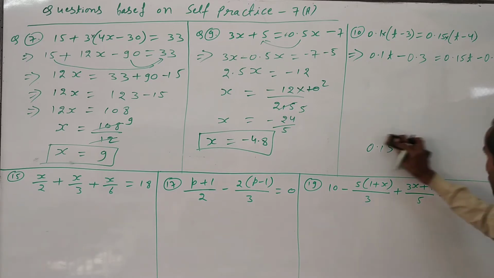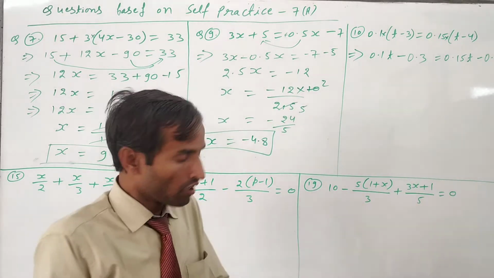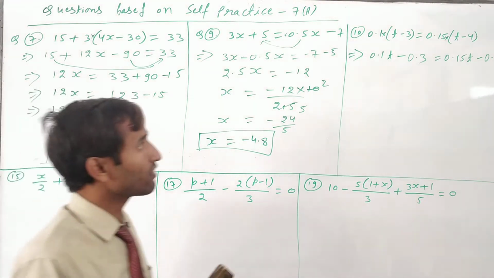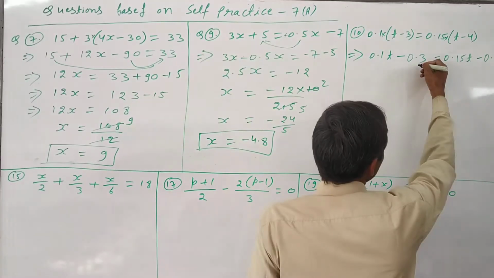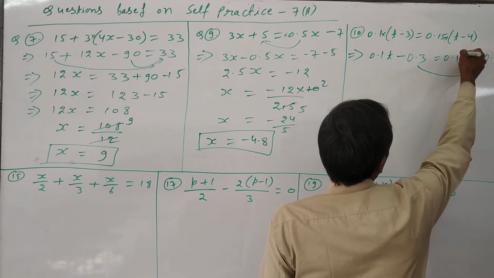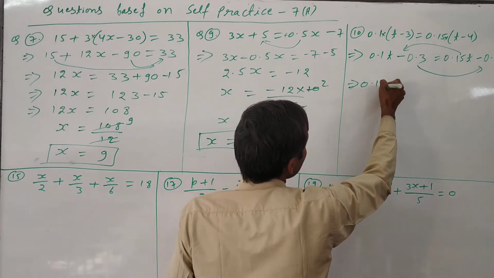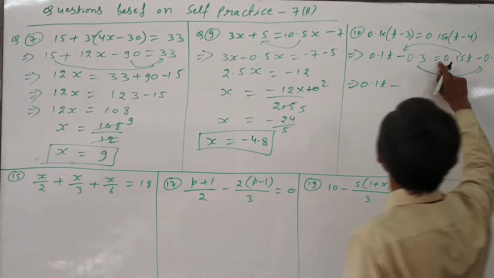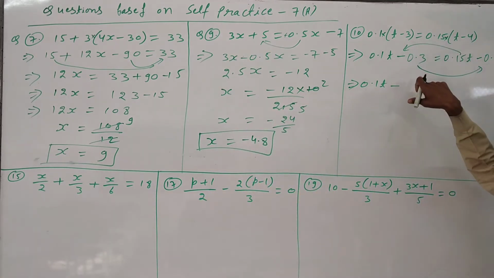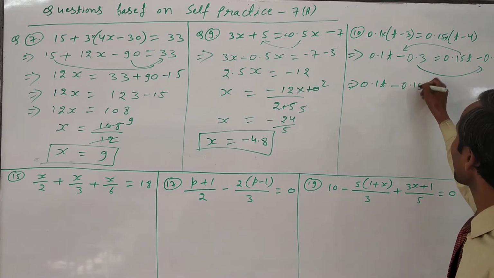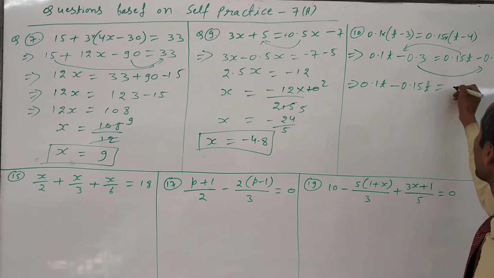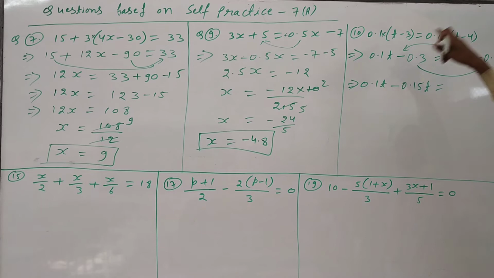After that, again here variable and constant values are there. So transpose this constant that side, and this variable will come this side. So 0.1 t minus, here plus sign is there, when shifted this side, then minus will come. So minus 0.15 t is equal to minus 0.3 shifted this side, then it will come plus, and here minus is there. So write down here minus 0.6 plus 0.3.